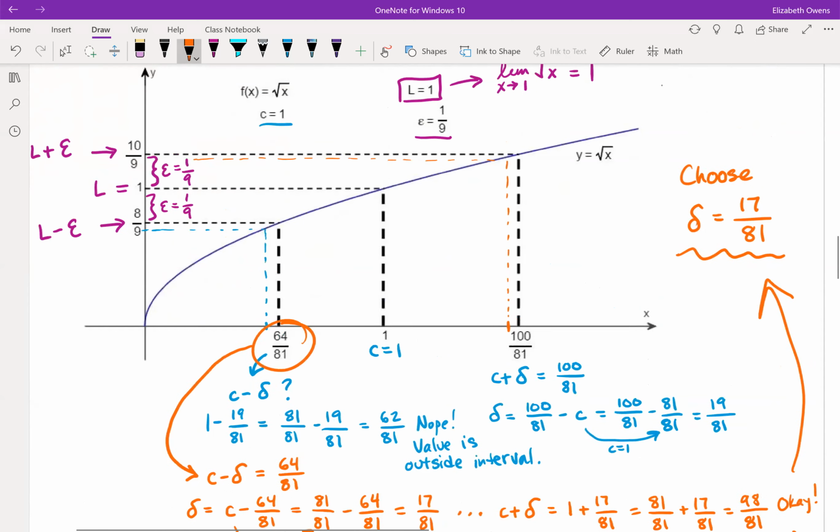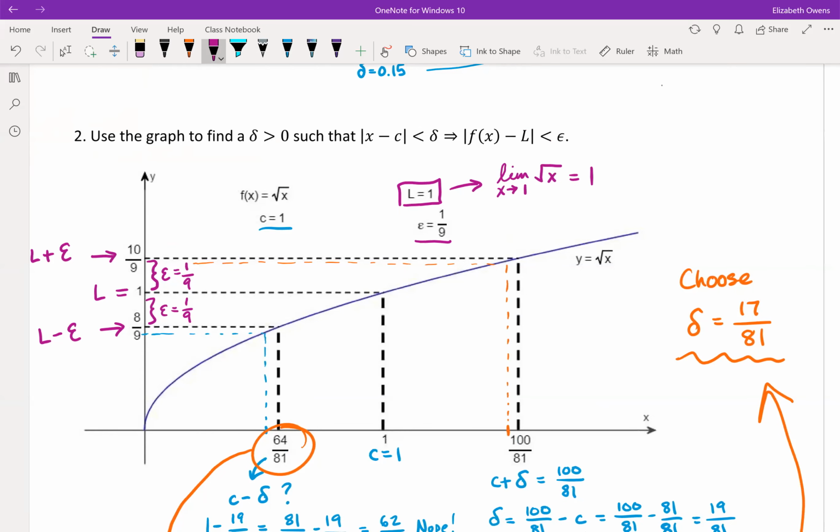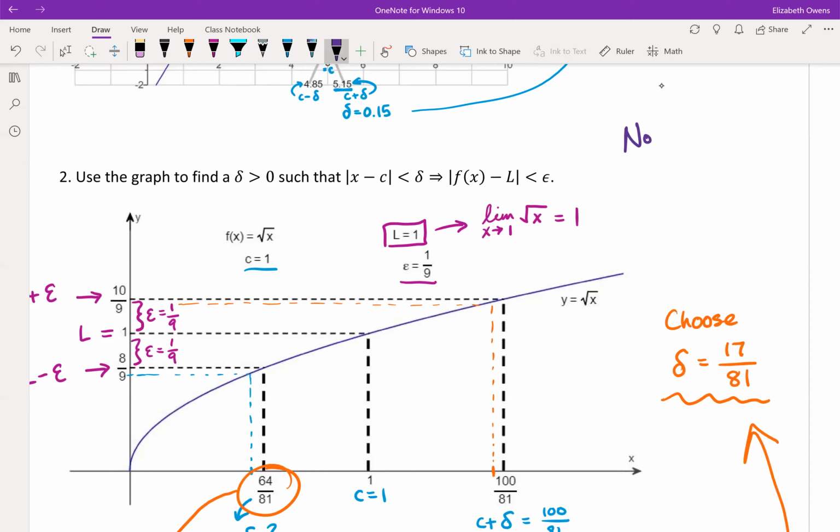And for a general note on this problem: if you see a graph that is asymmetrical in the interval like we had here, a little smaller to one side than the other, choose the smaller delta value.